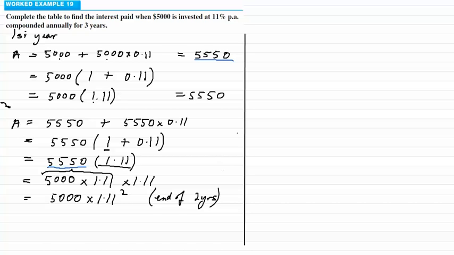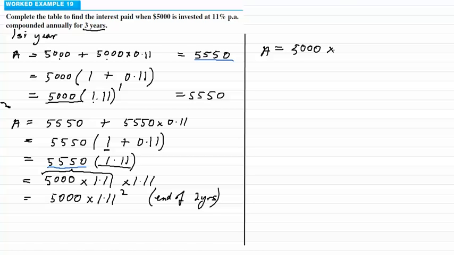So what do you think the amount would be at the end of the third year, without doing all the intermediate calculations, based upon the pattern? At the end of 1 year, it's 5,000 times 1.11 to the power of 1. At the end of 2 years, it's 5,000 times 1.11 squared. And at the end of 3 years, hopefully what you'd say, well, just work that out.